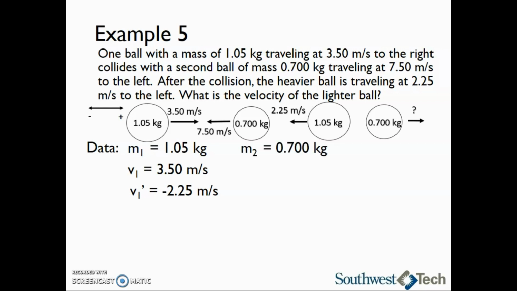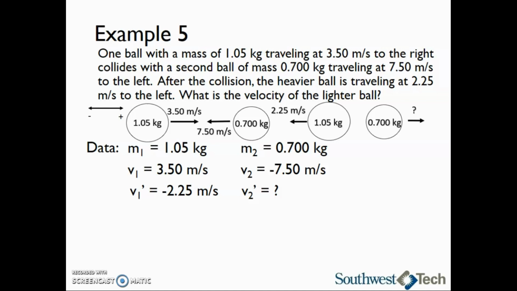The other ball has a mass of m2, 0.700 kilograms. The initial velocity of ball 2 is negative 7.50 meters per second because initially this ball is traveling to the left. The velocity of the second ball after the collision is v2 prime, which is what we are trying to find. Since these balls are bouncing off one another, this is an elastic collision.